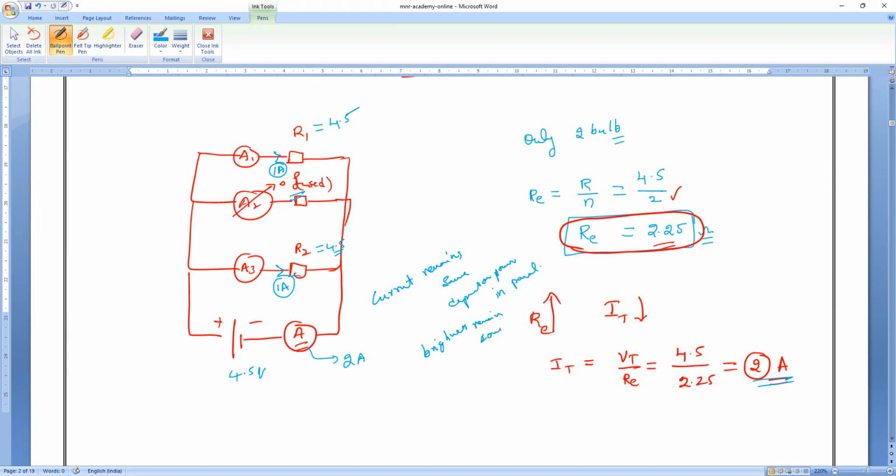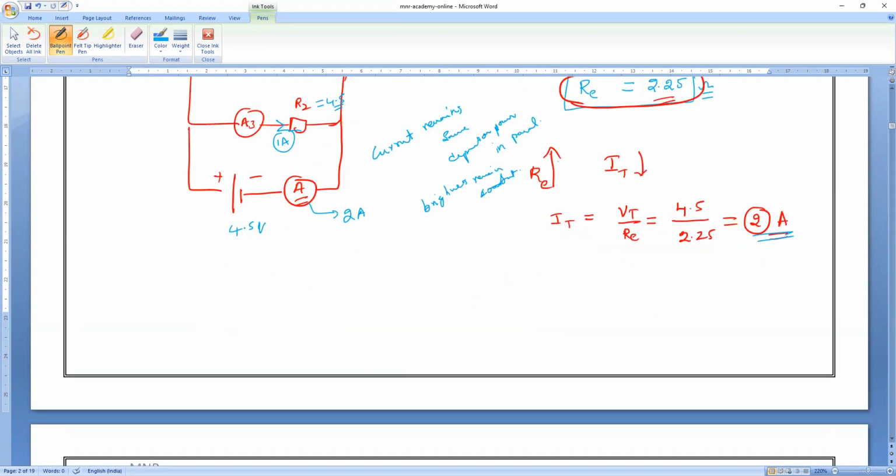Brightness remains constant. Suppose even two bulbs are fused, A2 and A3 both. Still, the brightness of R1 remains constant because the current passing remains the same. Only the effective resistance changes. Do you understand?